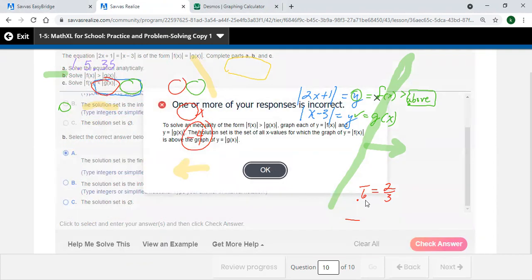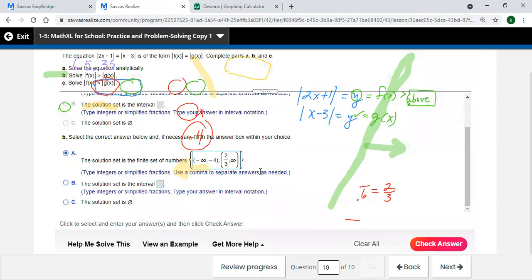So it says to solve the inequality, graph it. The solution set is the set of all x values for which the graph of f of x is above the graph of g of x. That's what we did. So let's go back and check our work here.